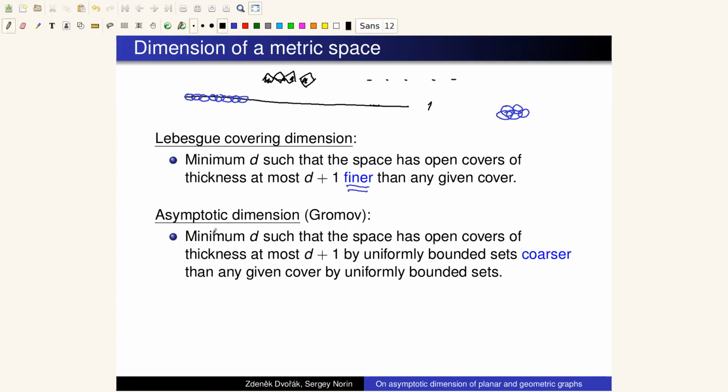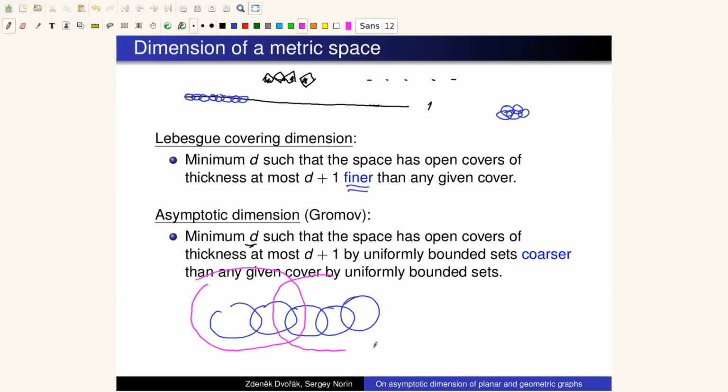So the asymptotic dimension of a space is defined as being at most D if whenever you give me a cover of the space where all the elements of the cover have uniformly bounded size, you will be able to give a coarser cover, by which I mean that each of these sets from the starting cover must be contained in at least one of the sets of the resulting one, which is still uniformly bounded.